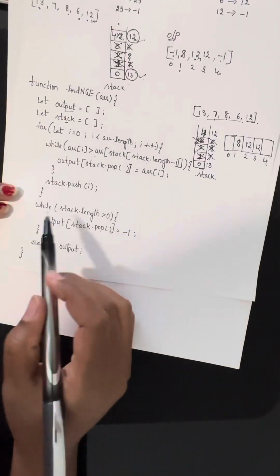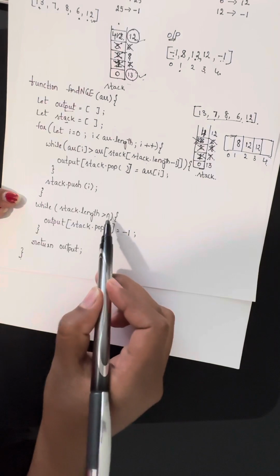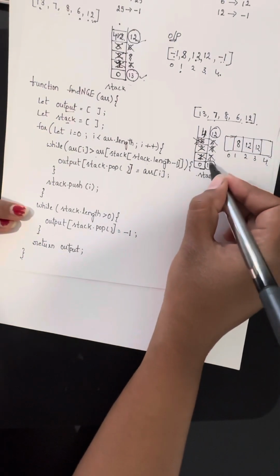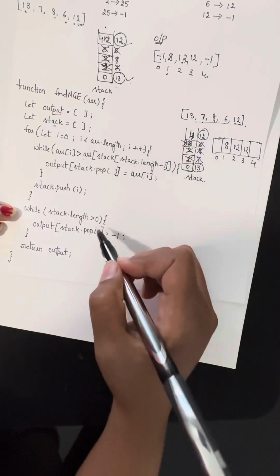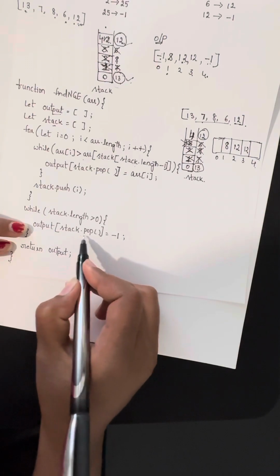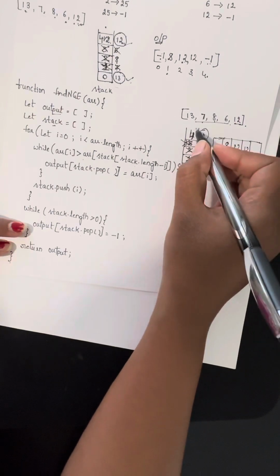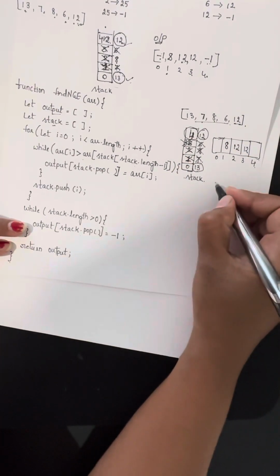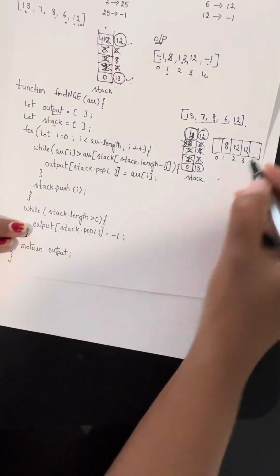Then we go to the next step, where we do the while stack.length is greater than 0. We still have 2 elements in the stack, so the stack.length is 2. Then we do output of stack.pop, which means we take the top element in the stack, which is 4. So we do output of 4 equals -1.